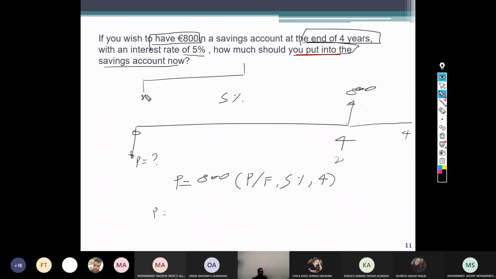You put this as 800 and you requested the following. We always remember, guys, 800 times (1 + 0.05) to the minus power. It went back to the previous one. Sorry, yes, you are right. Find P given F.